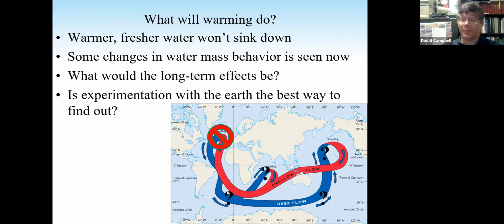What do we do if the experiment goes wrong? We don't have someplace else to go. So we're continuing to change something as big as the global scale pattern of deep ocean currents. What effects will that have? Probably some of them will be bad.